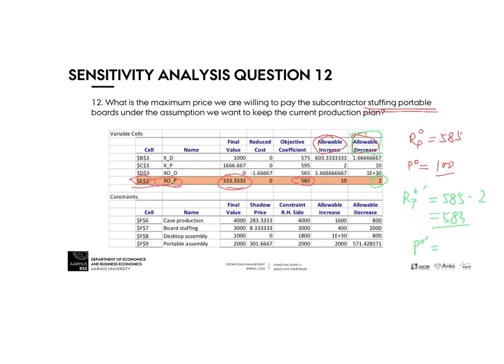So you can move this $2, or 2 kroner, from your total contribution margin to your subcontractor. That's the maximum price you can pay to the subcontractor.